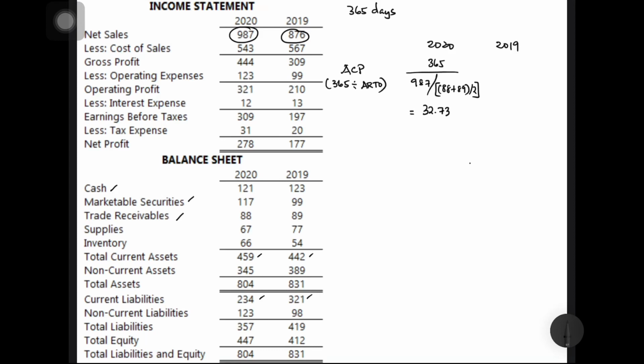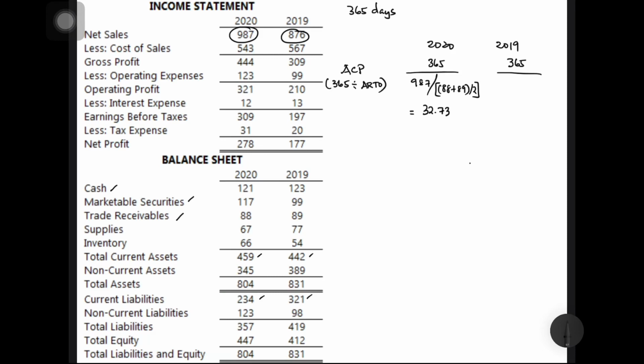So this is the number of days it will take you to convert your accounts receivable to cash. And in the computation, you start with 88 plus 89 first, and then you divide by 2, and once you get the answer, you set that as the denominator of 987 to get the answer, and then you will use that as the denominator for the fraction itself. How about for 2019? Again, use 365 because that's given, and then the accounts receivable turnover in 2019.